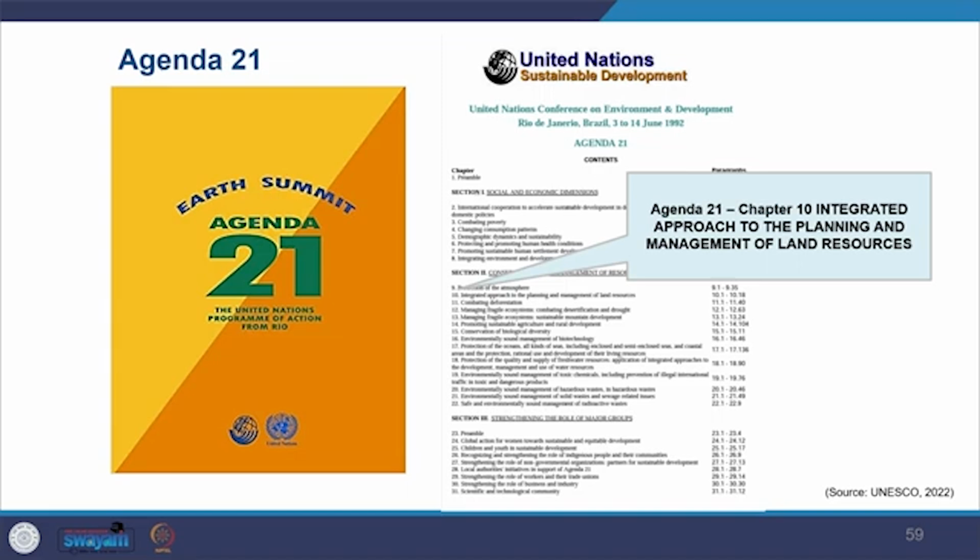We had seen that. So for land and soil, Agenda 21 has a number of objectives, including management of land resources and fragile ecosystems, combating deforestation, desertification, and promoting sustainable agriculture. All these are covered in Agenda 21.